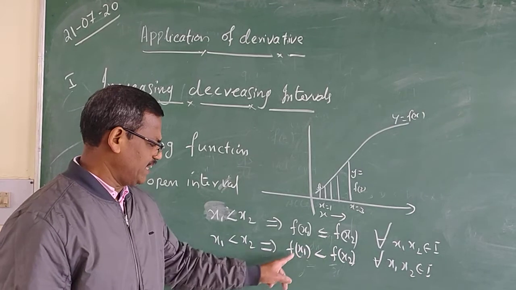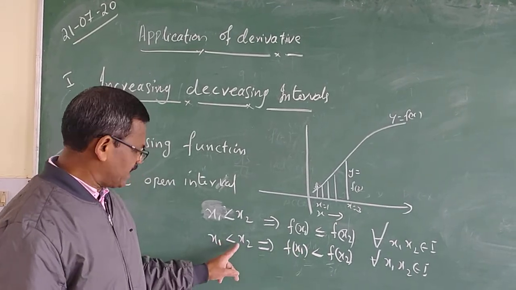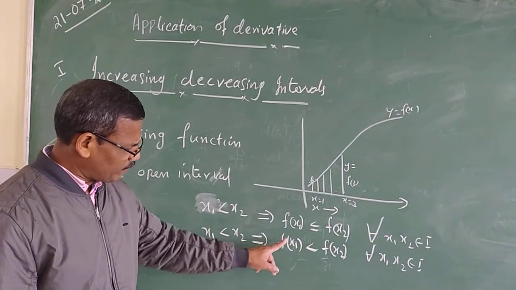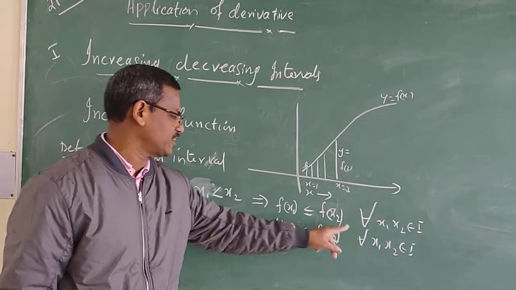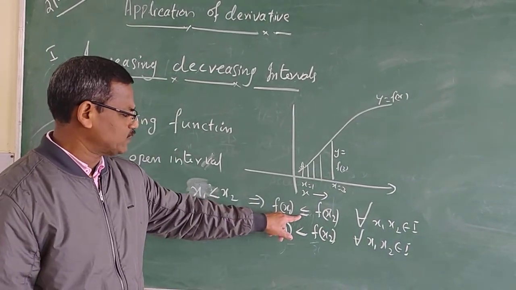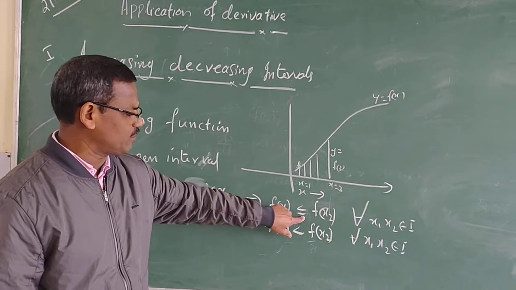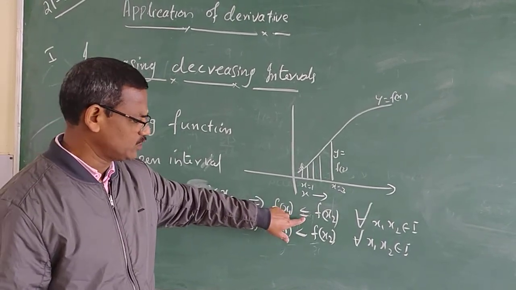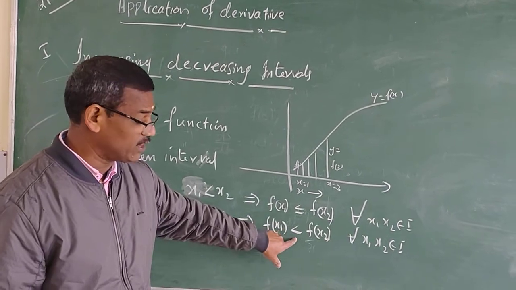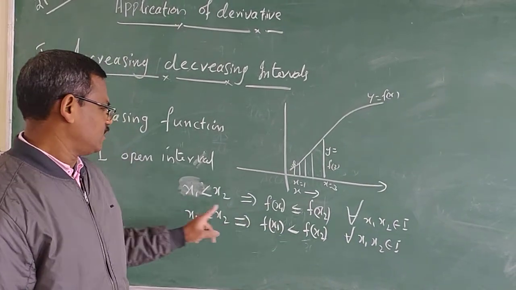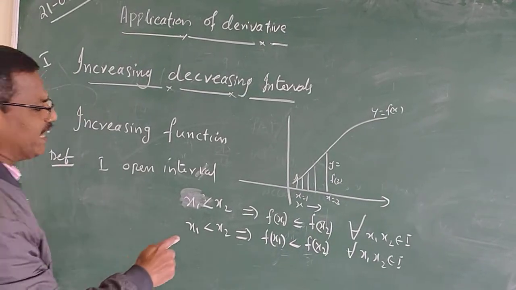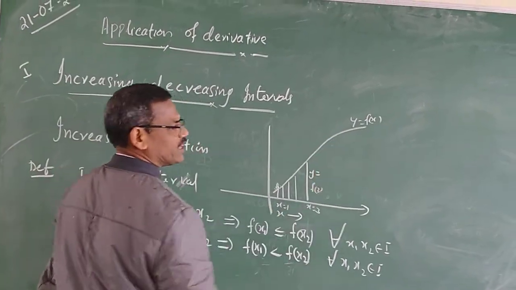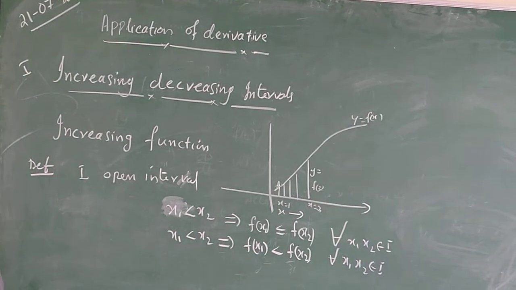Here f of x1 is less than f of x2, so we call it strictly increasing. And where f of x1 is less than or equal to f of x2, we call it increasing. In another way, if I say that when x increases, y also increases, then it is an increasing function.